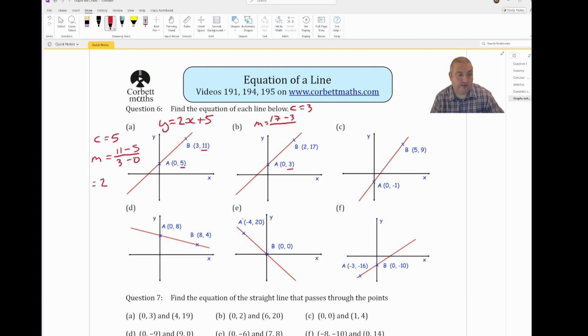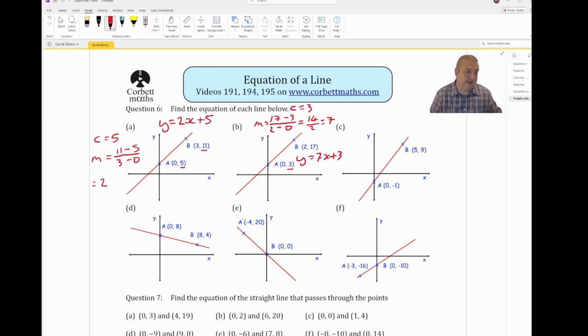Well, x goes from 0 to 2. That will be 14 divided by 2, which is 7. So that's a gradient of 7. So the equation of this line is y equals 7x plus 3.